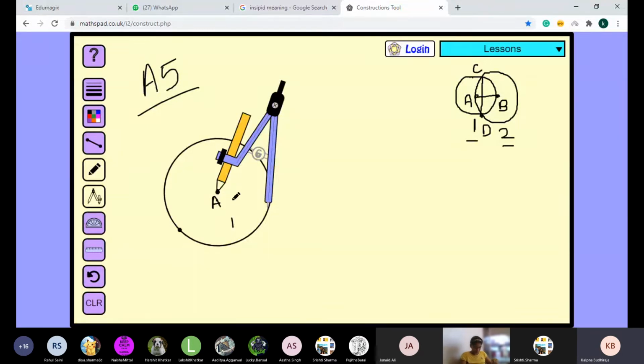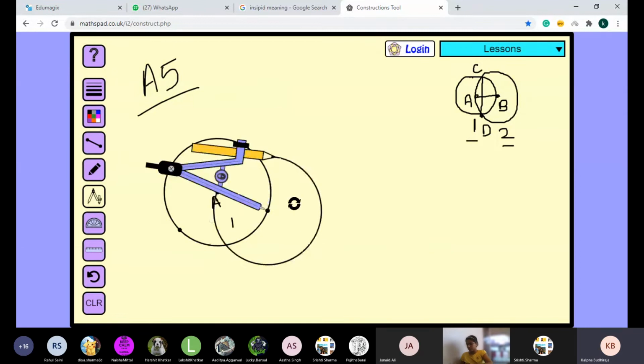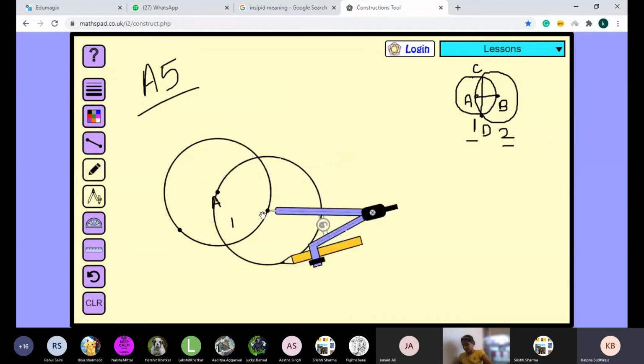Shrishti, the first circle with center A you have drawn. Now for making circle B, all of you look at the screen. For circle B, you will keep the pencil at A and the needle on the boundary. Okay, I am making the second circle with the pencil on A and the needle on the boundary.